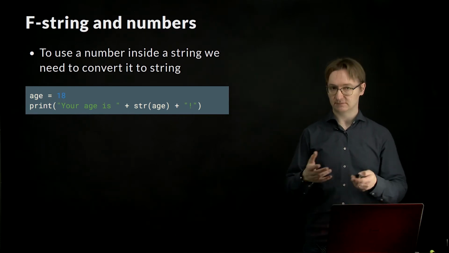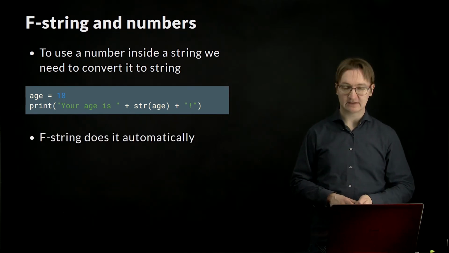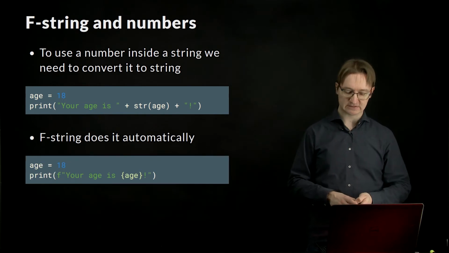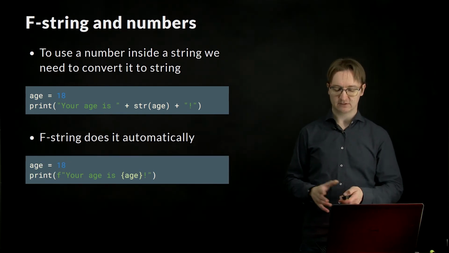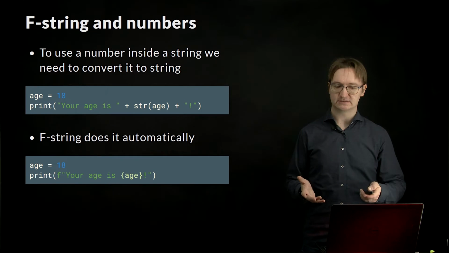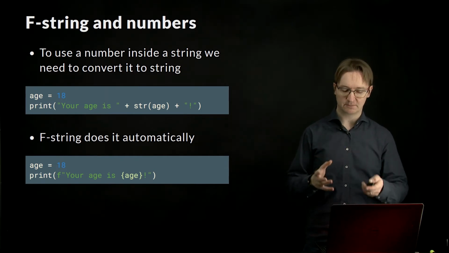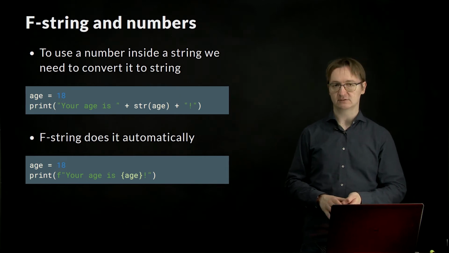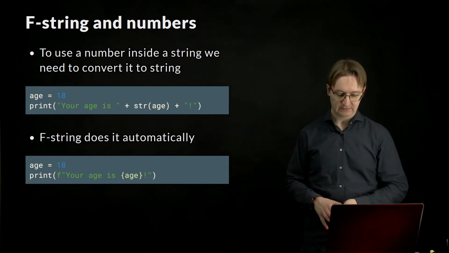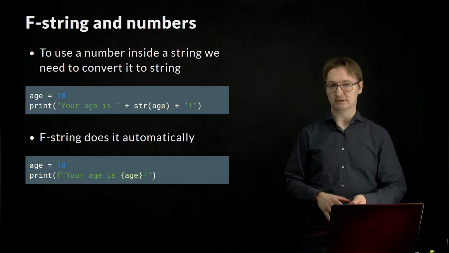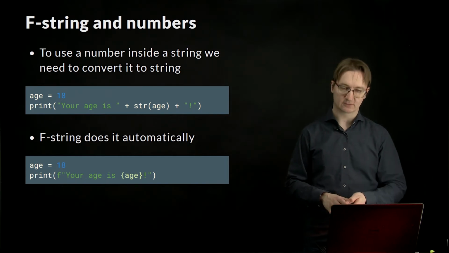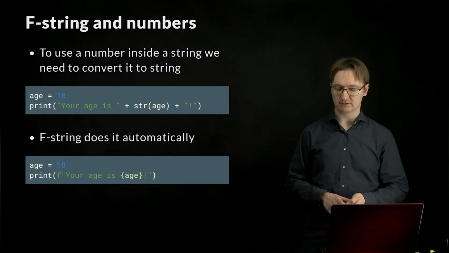This is also inconvenient, and f-string does this conversion automatically. I can just write "your age is", and in curly braces it doesn't matter whether it's a string or a number, it is automatically converted into a string. This is anyway more convenient than converting it manually every time.